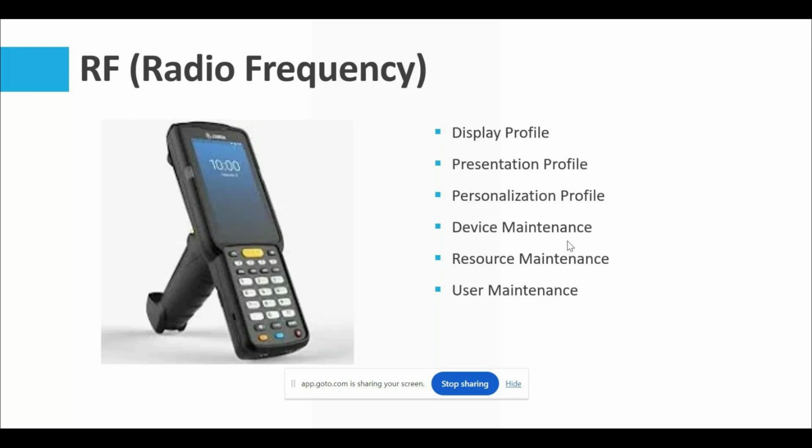I build an RF application on SAP GUI, but the application that I build on GUI would be executed onto this handheld device, which you see on the screen. So how do I move that screen, which is built on the RF GUI, to the handheld device? The mechanism is called internet service, ITS mobile. As soon as I build an RF application, I can create an internet service using a SICF transaction.